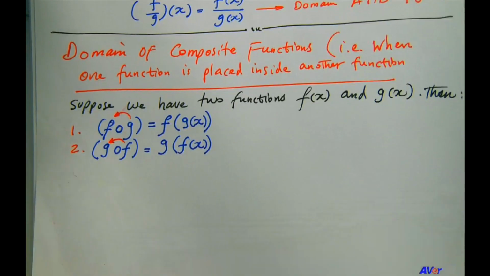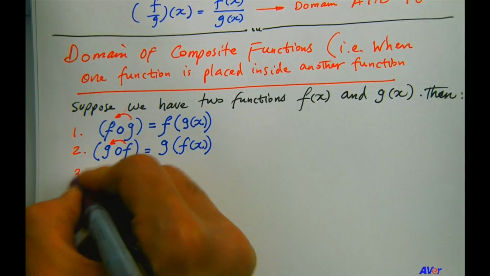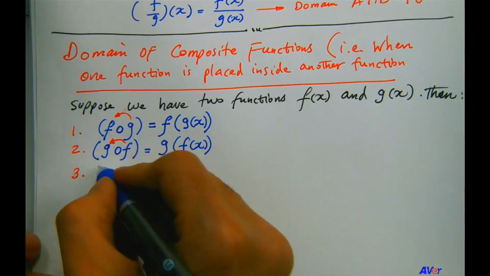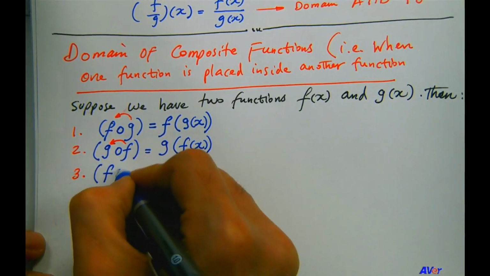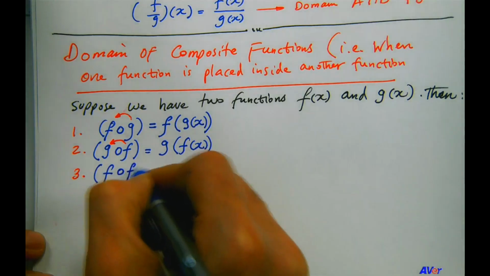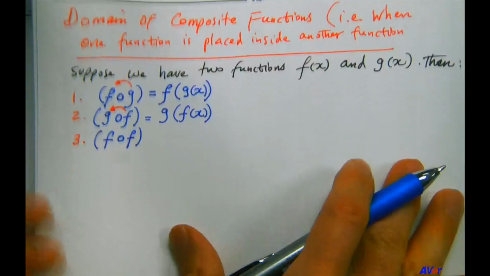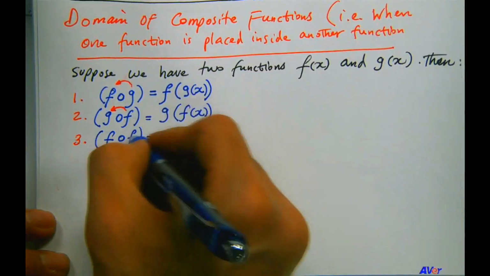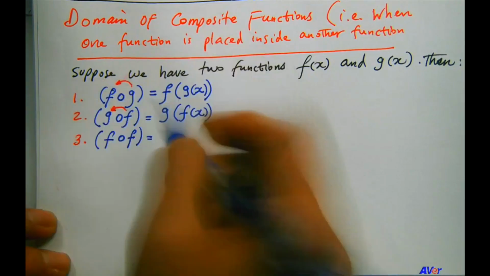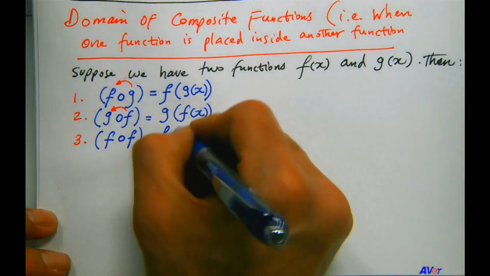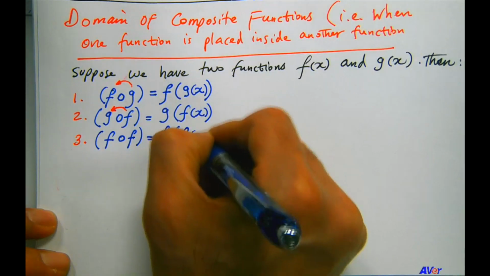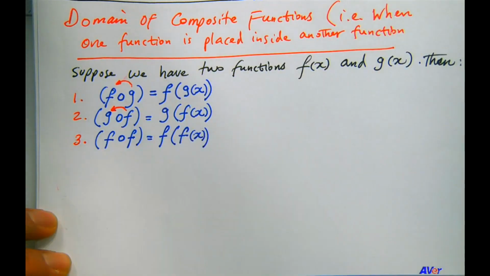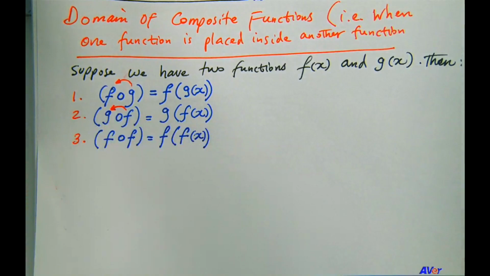Or you could also say the composition of a function with itself. You can also do that. That means the function is placed inside of itself. So f as a function of f, like that, or g as a function of g.